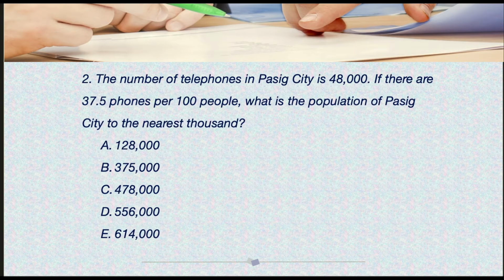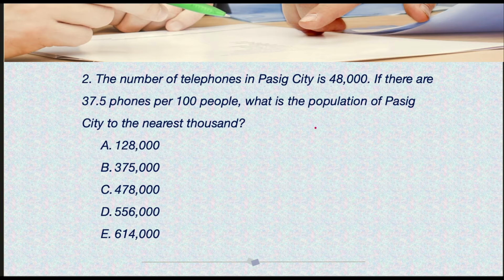That's for number 1. Number 2 says the number of telephones in Pasig City is 48,000. If there are 37.5 phones per 100 people on the average, what is the population of Pasig City to the nearest 1,000? This is a proportion problem, and all you have to do is make a proportion.